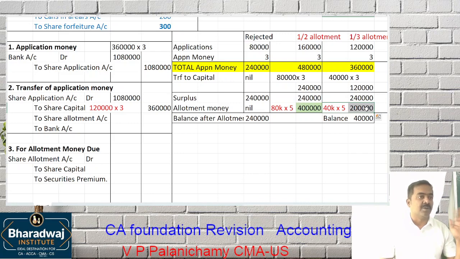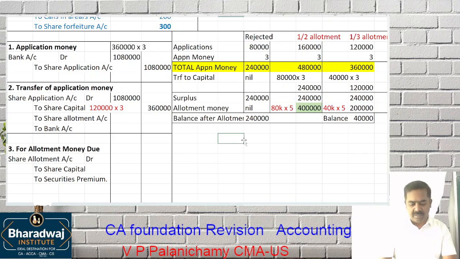How much is due from you? 2 lakhs. But how much surplus do you have? 2,40,000. So how much surplus can we use now? 2,40,000 surplus is there, allotment money due is only 2 lakhs. So how much money will be used for allotment? Will you use 2,40,000 or 2 lakhs? We can use 2 lakhs.